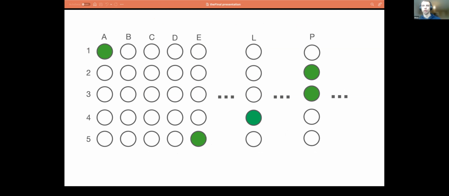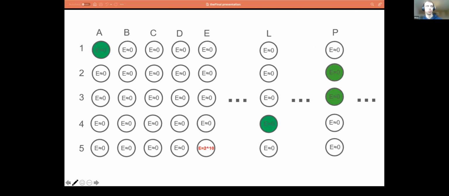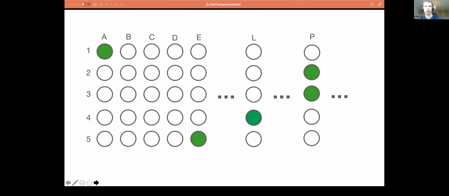So how do we store memories in this network? In this case, for every location in the word and character, we have one neuron. So in our case, the A neuron in the first location of the word is lit up.